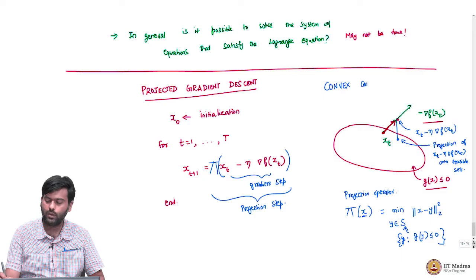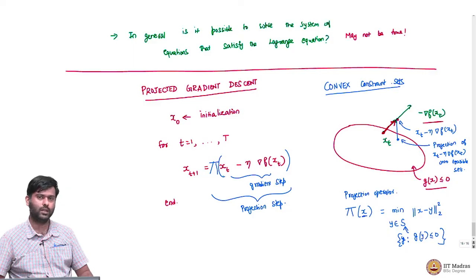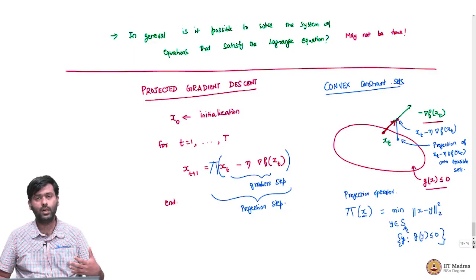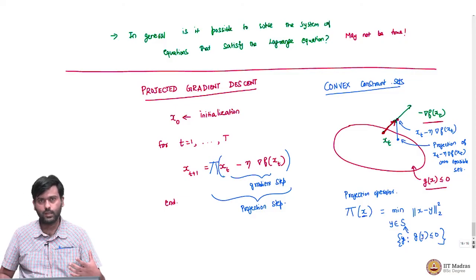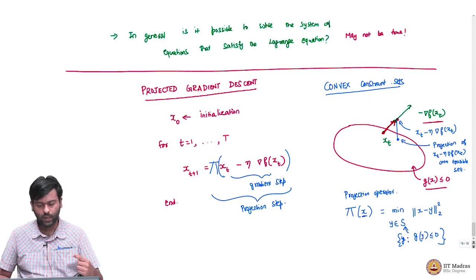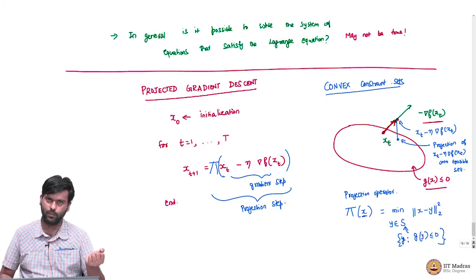So, convex constraint sets, which means that in some sense, think of it as a nice set. We'll define this formally next time because it becomes important to understand convexity from a machine learning point of view. We'll talk more about convex sets as we go along. But let me briefly tell you that if your constraint set is nice in the sense that it is convex, then we can argue that this algorithm will in fact give you the optimal answer.